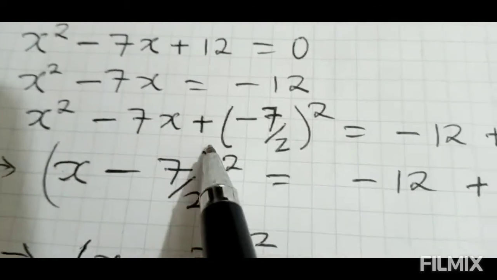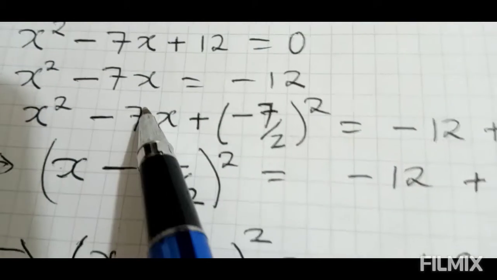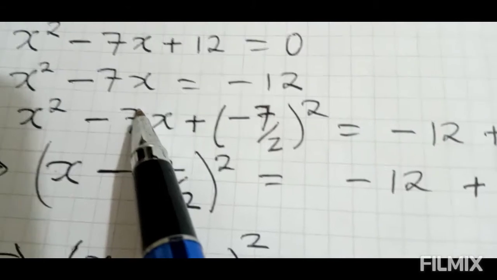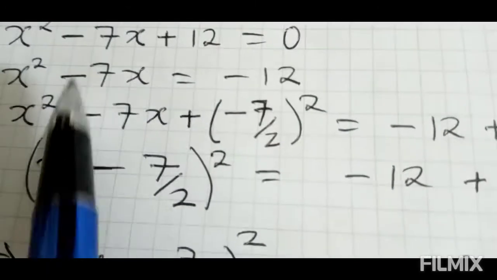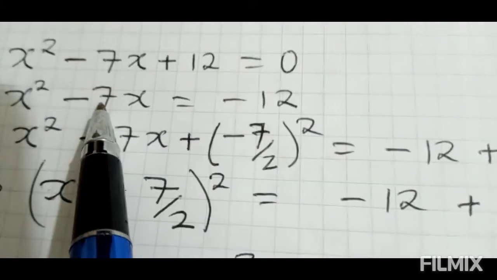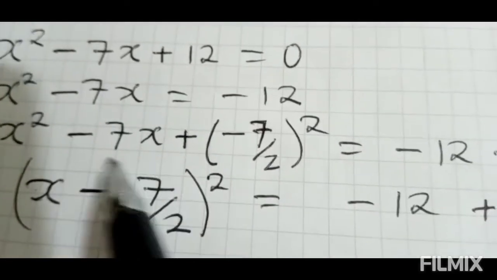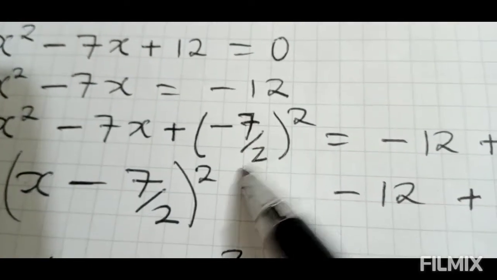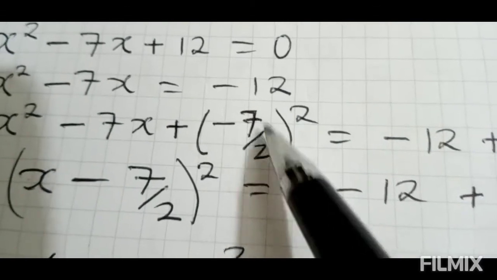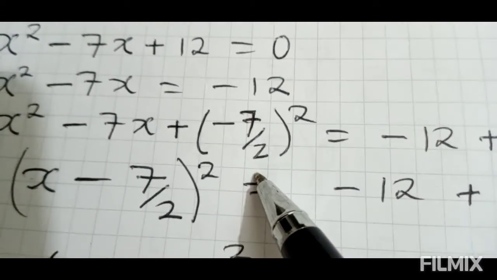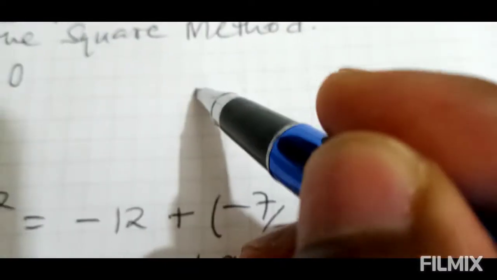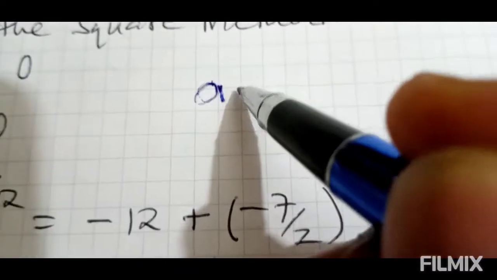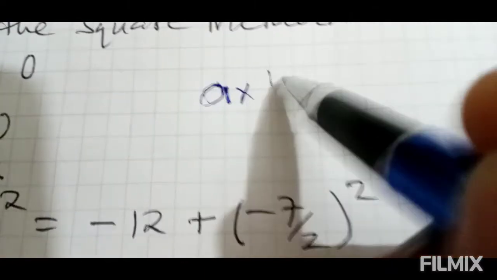Now add half of b to both sides of the equation and square it. So what is b? b is minus 7. What is half of minus 7? Half of it is minus 7 over 2. Half simply means multiplying a number by 1 over 2.